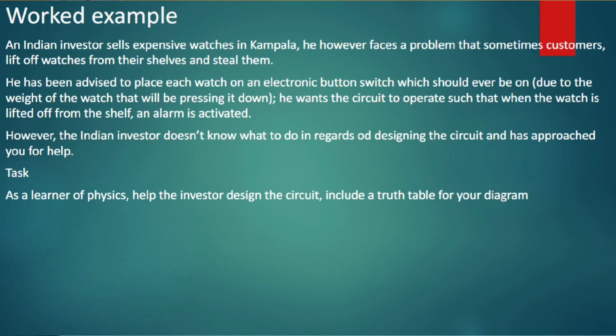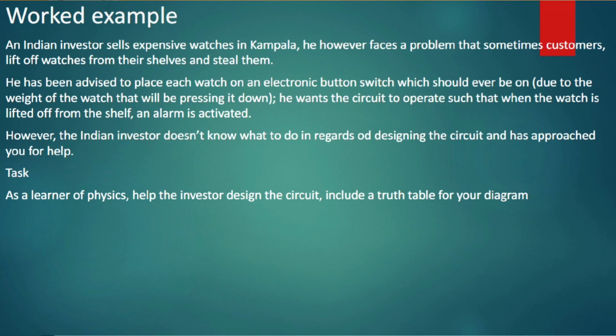He wants the circuit to operate such that when the watch is lifted off from the shelf, an alarm is activated. However, the Indian investor does not know what to do in regards to designing the circuit and has approached you for help. Task: as a learner of physics, help the investor design the circuit, and include a truth table for your diagram.